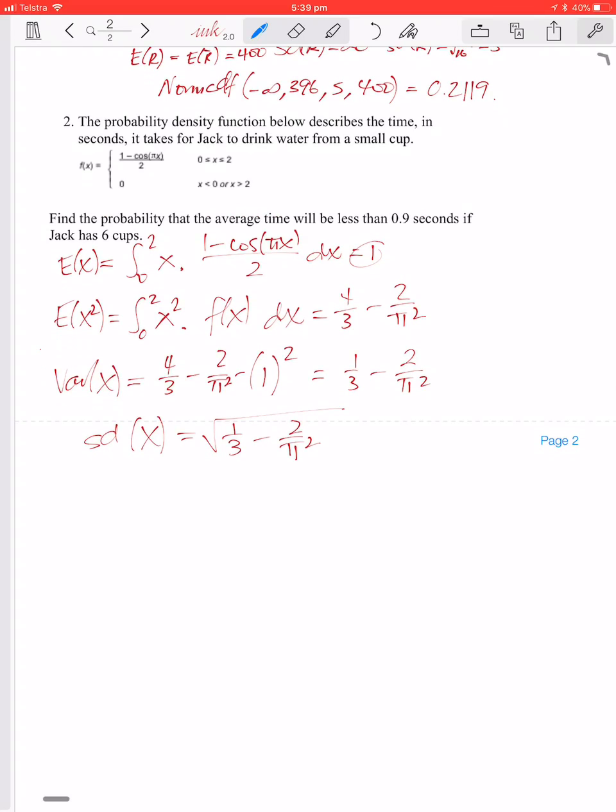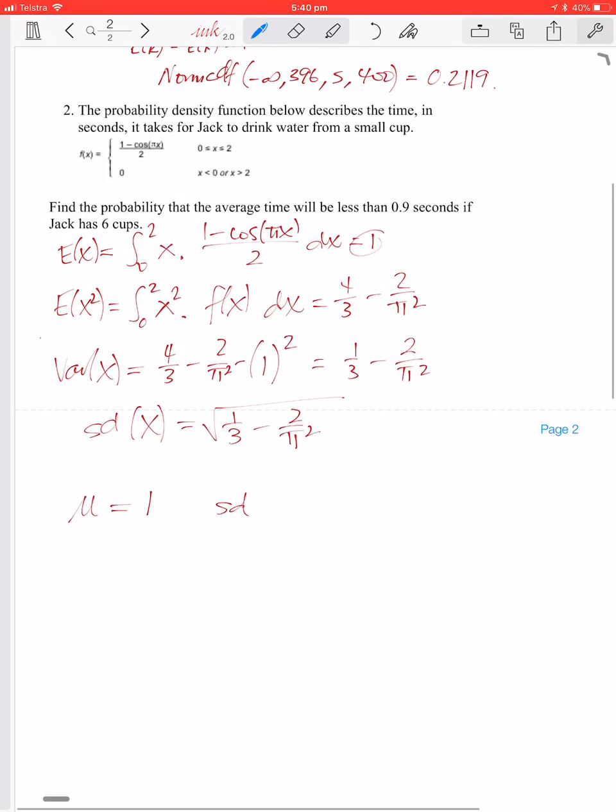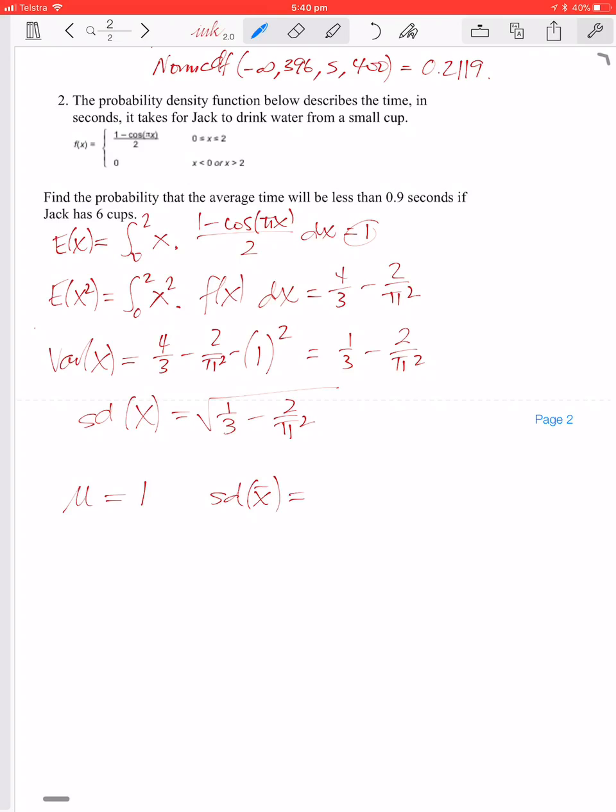We want to find the probability that the average time is less than 0.9 if he has 6 cups. So mu is 1. Our standard deviation of our sample mean, x bar, is the square root of (1 on 3 minus 2 on pi squared) on 6, because that's sigma on root n, and it's all under the square root.